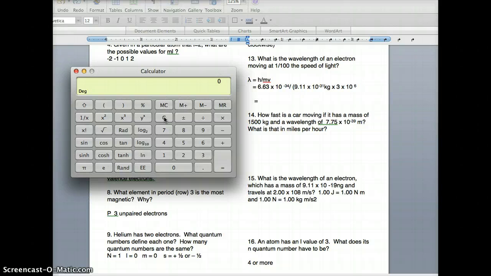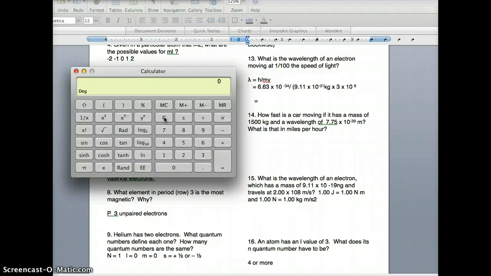Maybe it's beyond the limits of the exponential notation for this thing. So 6.63 times 10 to the negative 34th divided by 9.11 times 10 to the negative 31 divided by 3 exp 6.